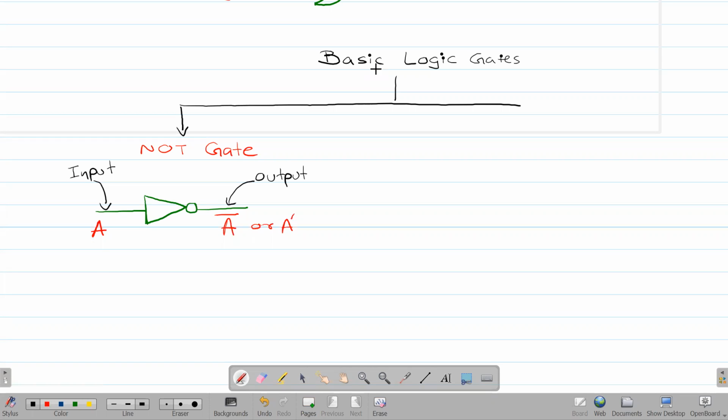So in the truth table, you have a column for the inputs, and you have a column for the outputs. So in the NOT gate scenario, this is going to be our input column, and this is going to be our output column.